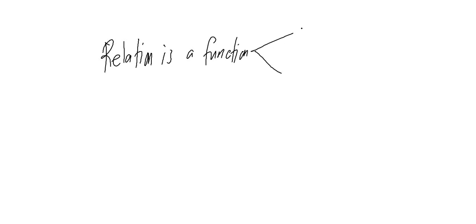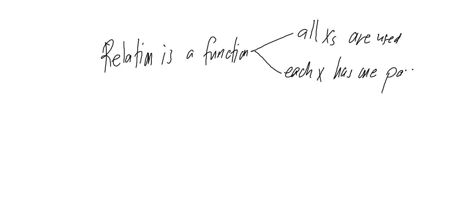So far, to know if a relation is a function, we base it on our definition that all x's are used and each x has one partner. This is most evident in mapping.